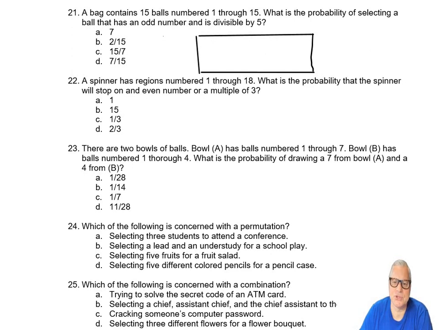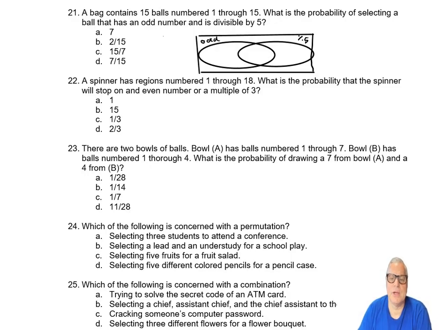So we are interested in the odd ones, and here we have divisible by 5. Okay, so we are interested in the probability of the intersection.